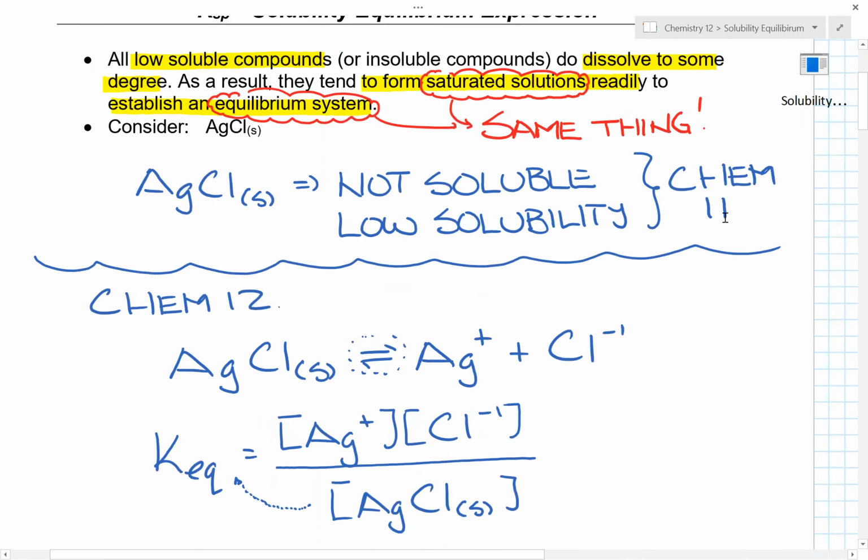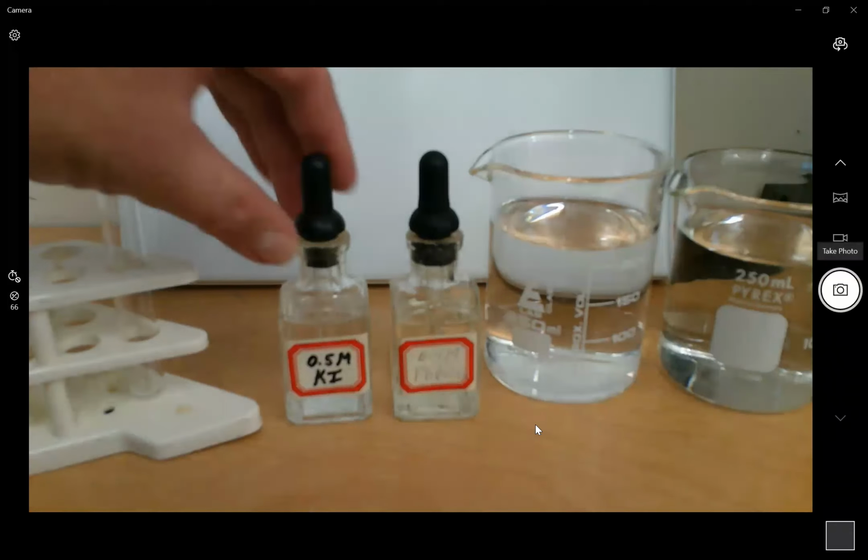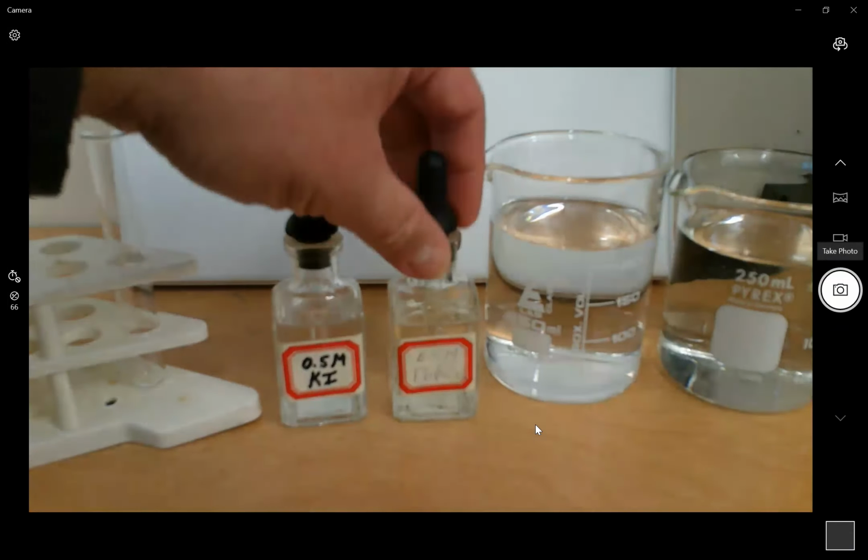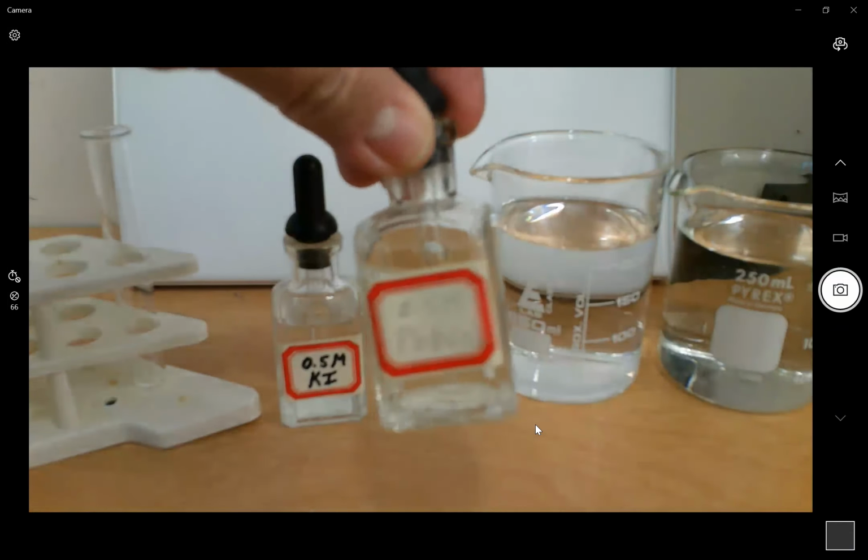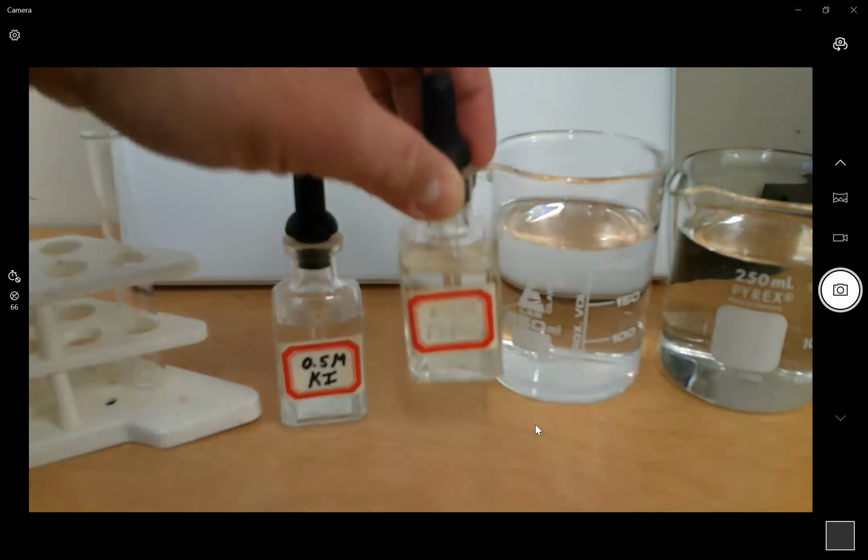Now, if we have to consider the concentration of ions, we run into a little bit of a problem. So I'm going to show you a demo here. I have KI and PbNO3.